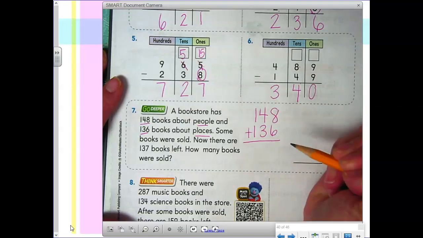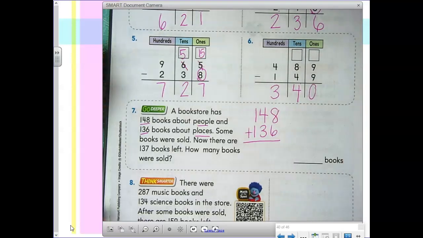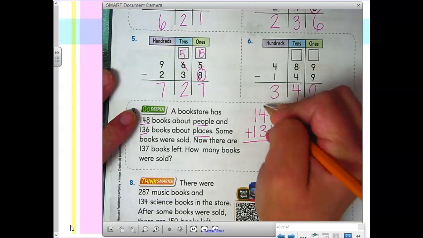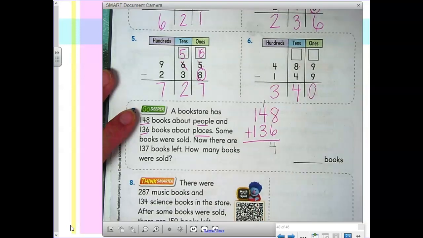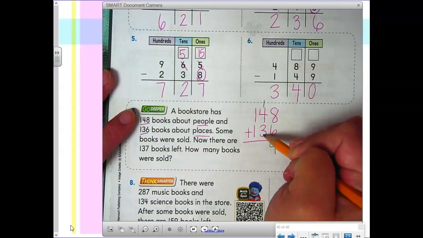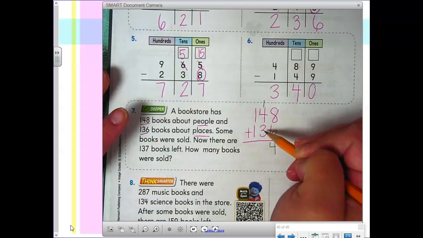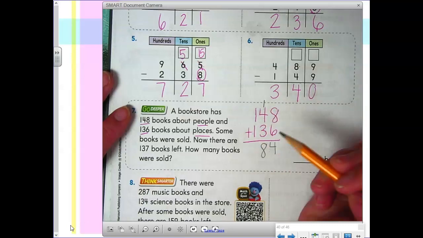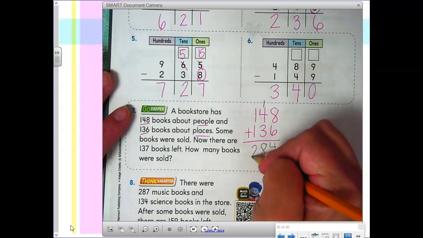8 plus 6. So 8, 9, 10, 11, 12, 13, 14. 4 ones and one group of 10. 1 plus 4 is 5. 5 plus 3 is 5, 6, 7, 8. And then 1 plus 1 is 2, 284.